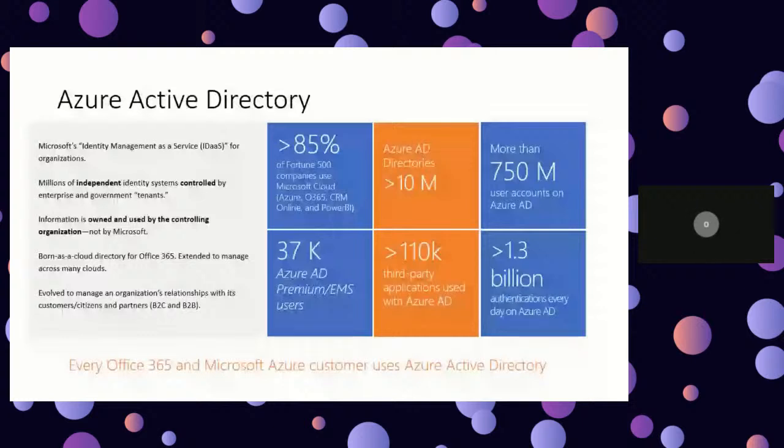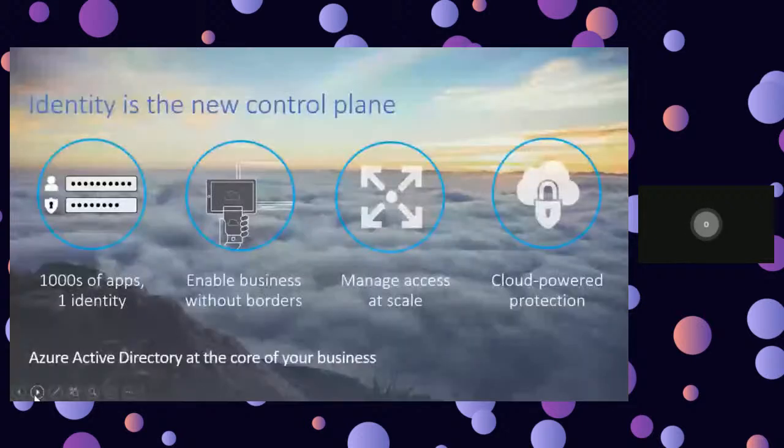So identity now has several control planes, and the core that sits on it is Azure Active Directory, which is the core whether you are using M365 or Power Platform. You need an identity system, and to do that you need a control plane, which runs from the application you are using to the business you are doing with your outside infrastructure.